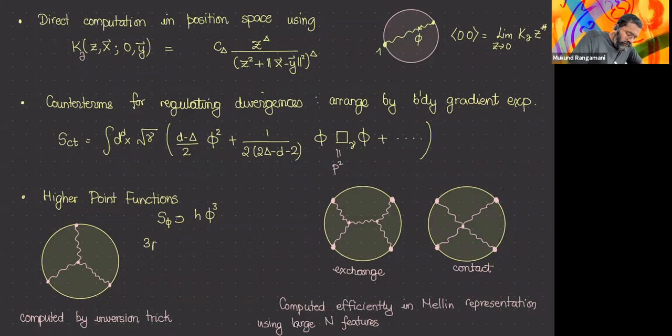So the 3-point function at leading order in H comes from this diagram.